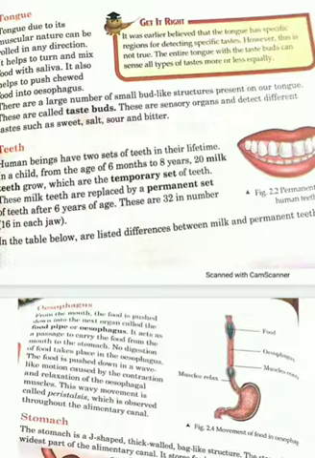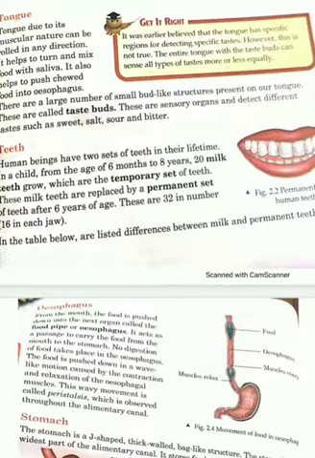Our tongue contains important taste buds. That's why we call our tongue a sensory organ, which helps in detecting whether the given food is sweet, salty, sour, or bitter in nature.